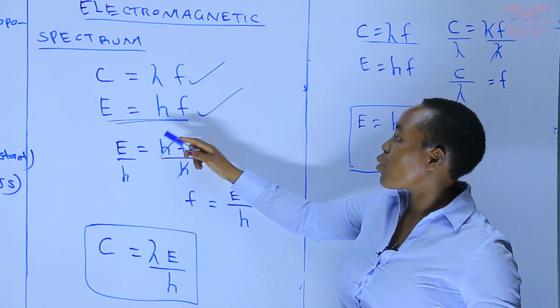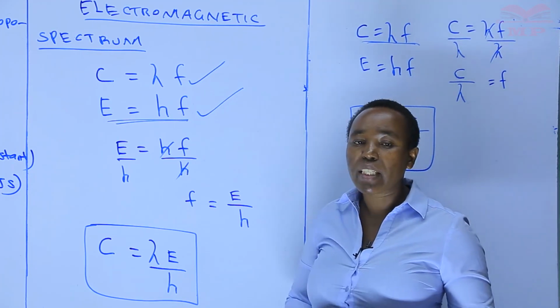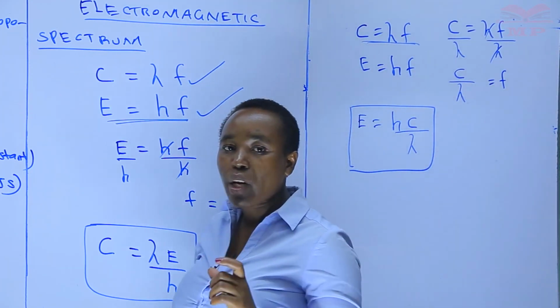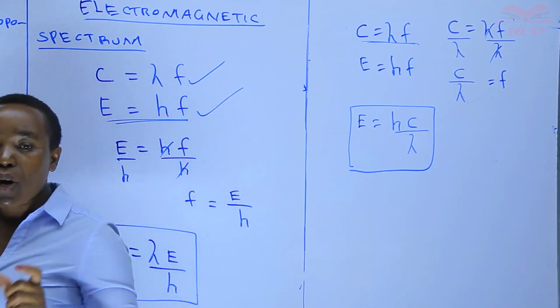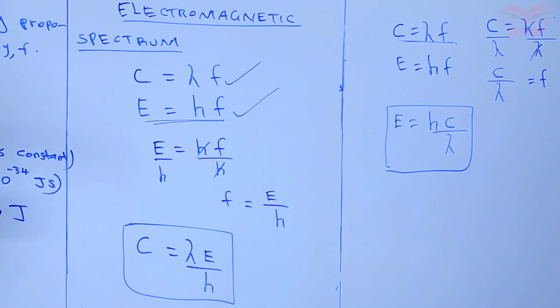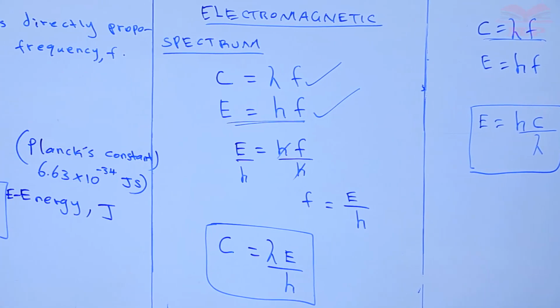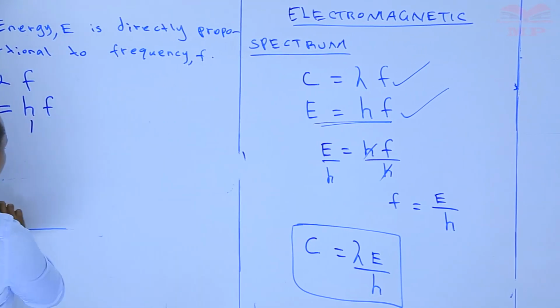If you are given energy in kilojoules, convert it into joules. Calculations should be done when the quantities are in their respective SI units. So I want us to go into a question and see whether we can apply the formulas that we have derived.